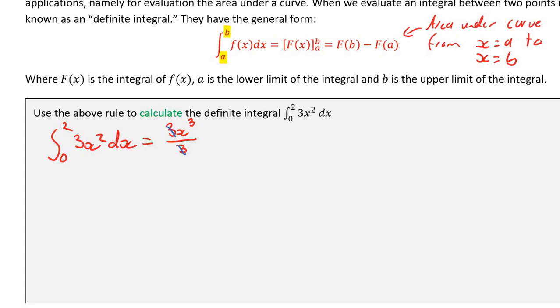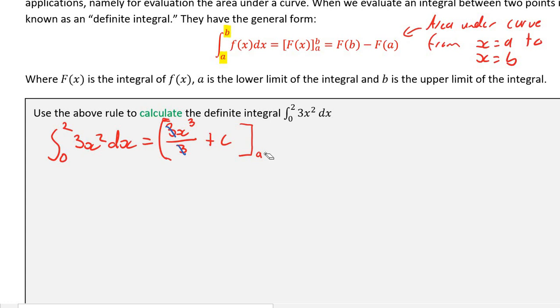Now for this one, I'm going to keep the c in, just to show you why it disappears eventually. So plus c. Now, when we do these definite integrals, because we have those bounds, we keep brackets. We normally do square brackets for these ones. And we write the bounds on the right-hand side.